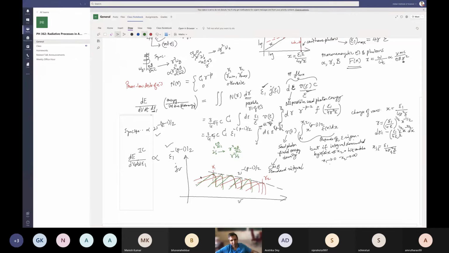So the seed photons, nu 1, get scattered to this energy.